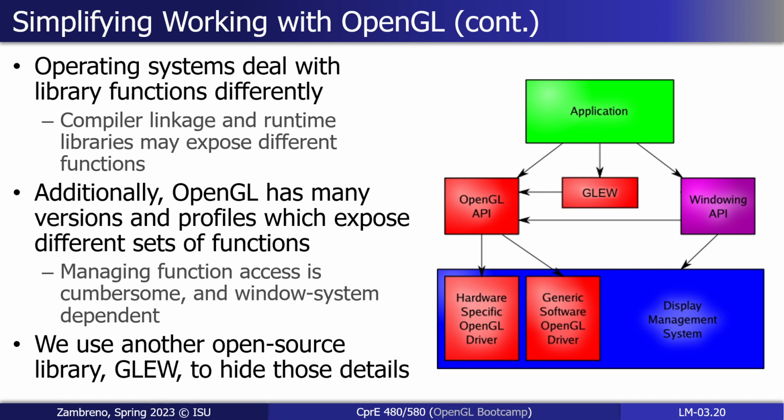You effectively have to determine, in an OS specific manner, so the Windows approach would be quite a bit different than Linux, would be different than Mac as well, what functions can I actually support.